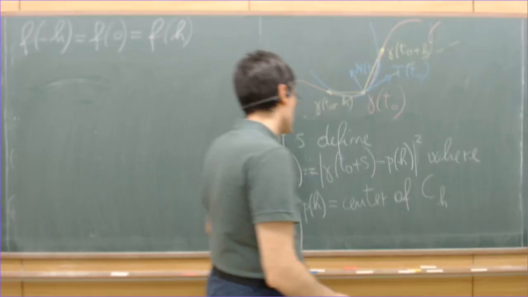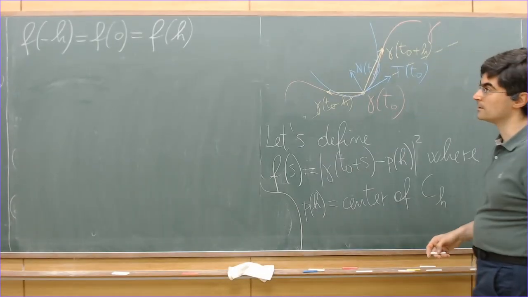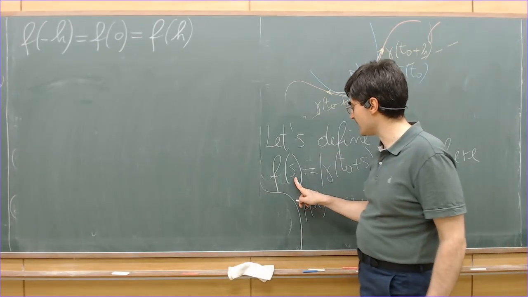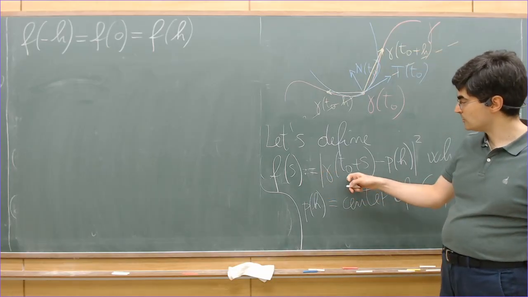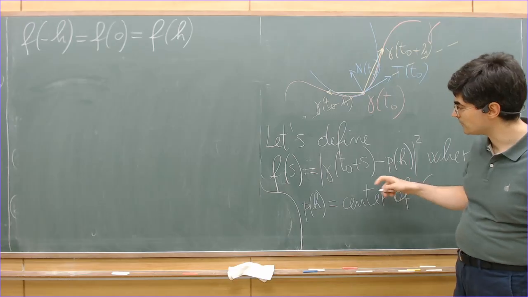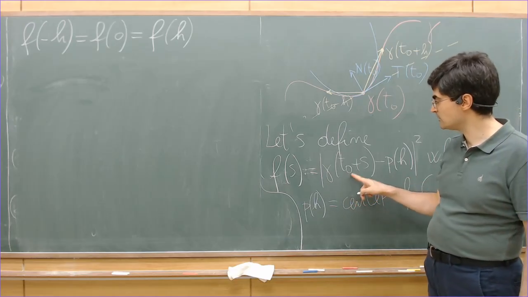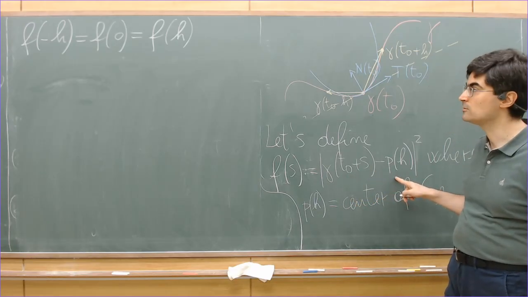Why? Because if I replace s by minus h, this is the squared distance between the point gamma t0 minus h and the center of the circle.